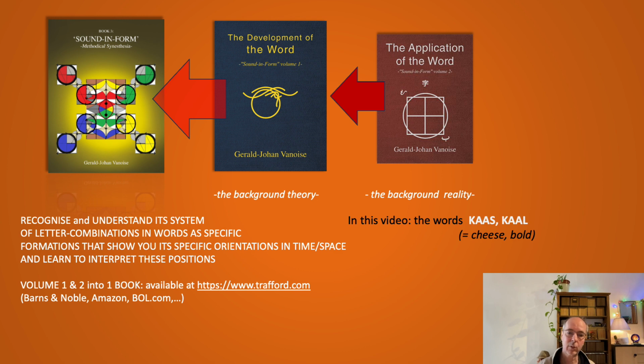I will take two Dutch words, because I thought this gives a first certain difficulty to interpret if you don't do it correctly. I will take the words KAAS and KAAL, or cheese and bald, or barren it is as well. Why?